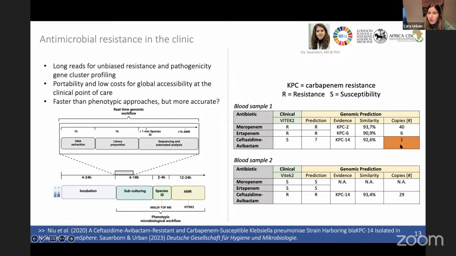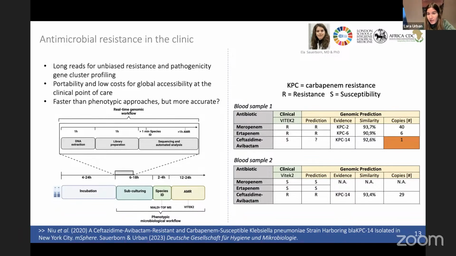And while we would obviously not have trusted a single copy in our entire data set to predict any sort of resistance to ceftazidime avibactam, here we could have really made use of the real-time genomic approach in the clinic, that would allow clinicians to basically just run your sequencing a bit longer and create a little bit more data, analyze it in real time, and see what you can learn from your increased data amount.